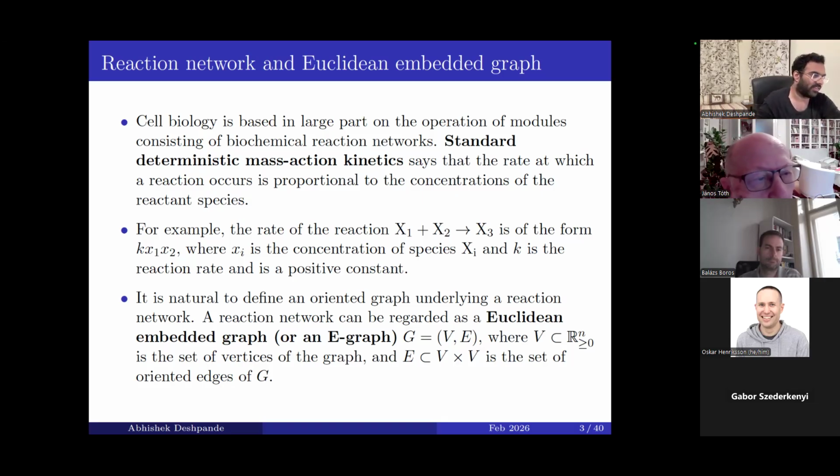And given this usual common frame of modeling mass action kinetics, you can also think of how to represent a reaction network, right? So you can think of a reaction network as a Euclidean embedded graph, G equals (V, E). This is notation that people have been using for a while now, where V is the set of vertices and E is the set of edges, right?